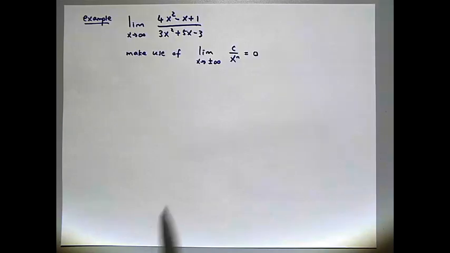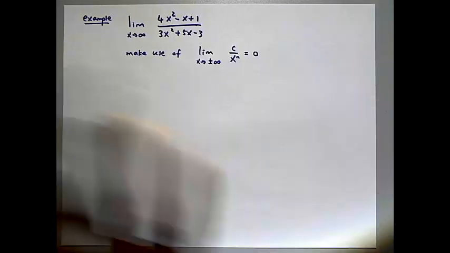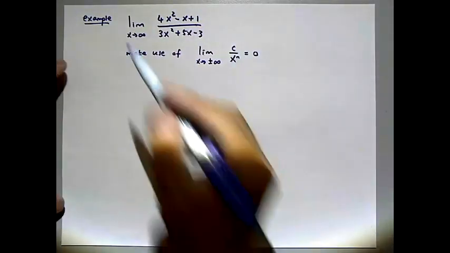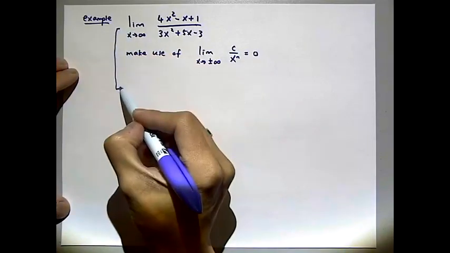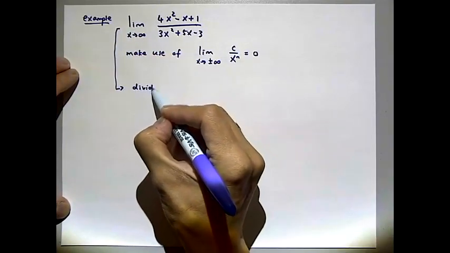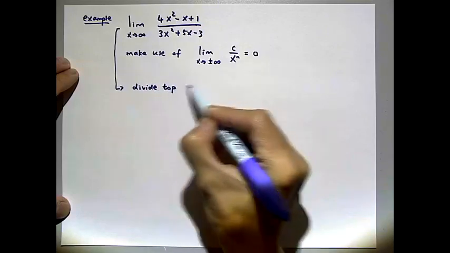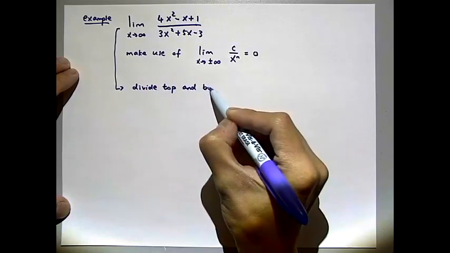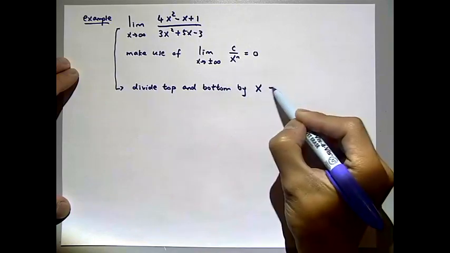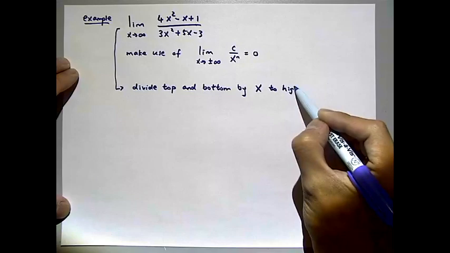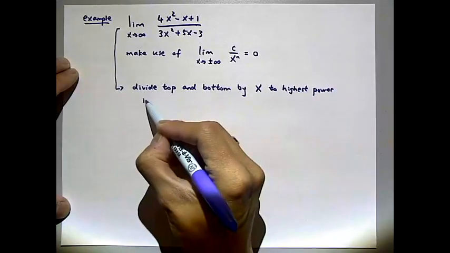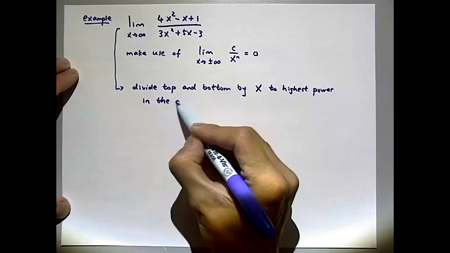So I would like to see a bunch of c over x to the n in this expression right here. The easiest way to do that is to divide the top and the bottom by x to the highest power in the denominator.